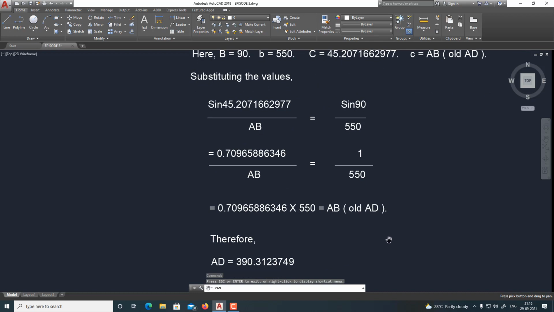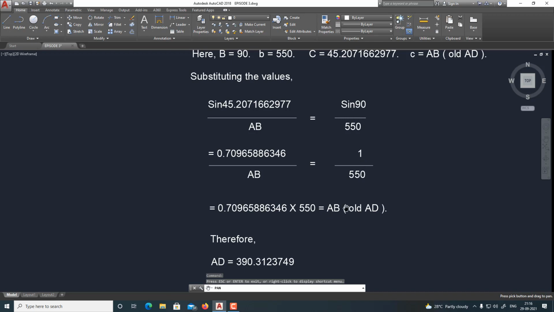So we take AB to this side and we take 550 to this side. This denominator will become the numerator here and this denominator will become the numerator there. So 0.70965886346 into 550 is equal to AB into 1.